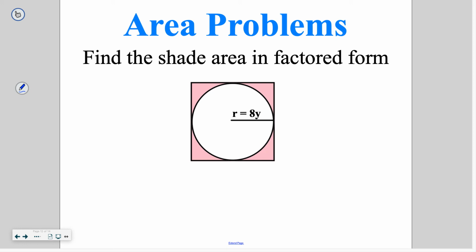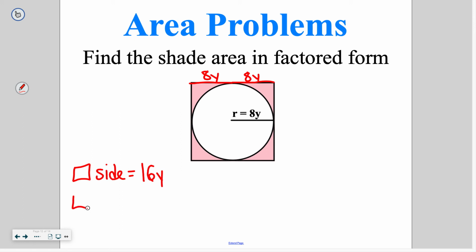We have a circle. Our radius is 8y, which means that we can go ahead and figure out the side length of our rectangle. So this part is 8y, which means the other radius is also 8y. So the side of my square is going to be equal to 16y.